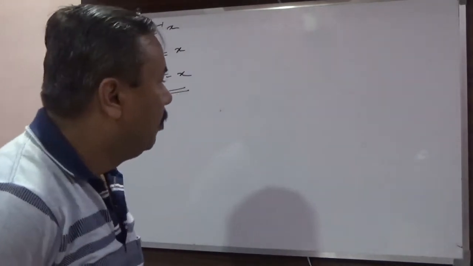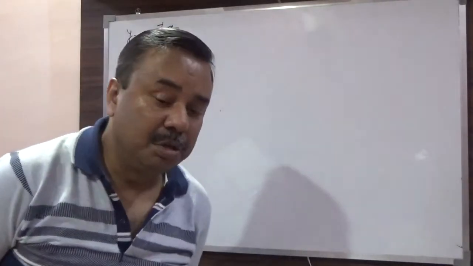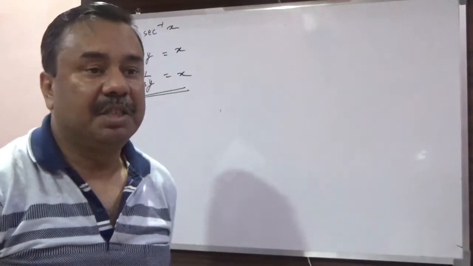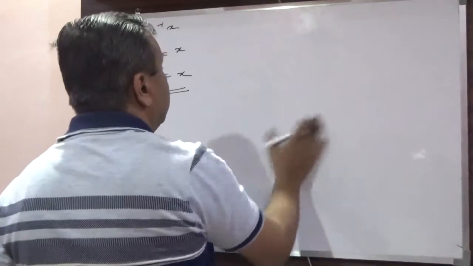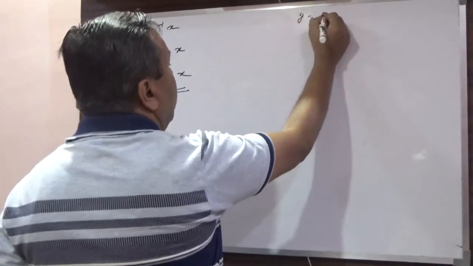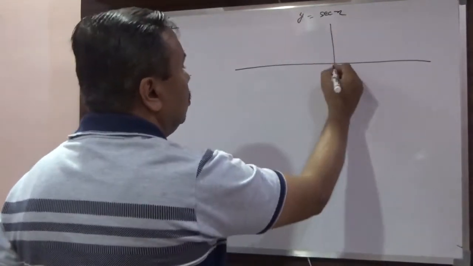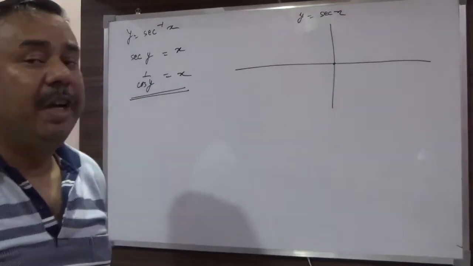First, I should recall the graph that you have made for sec x. When it was y equal to sec x, the graph was like this. Once again, at x equal to 0, what was the value of y?